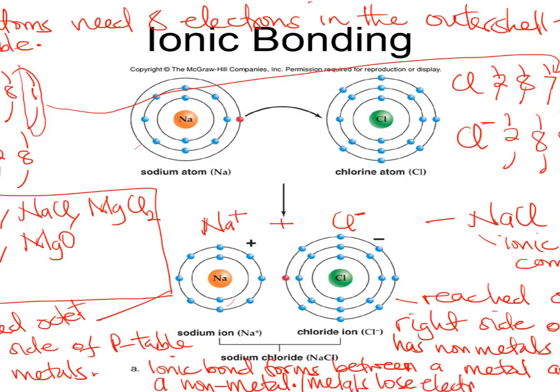Metals lose electrons, non-metals gain electrons. So that's why we are able to form an ionic compound between the metals on the left side of the periodic table and the non-metals on the right side of the periodic table. So if you have questions on this, just ask me.